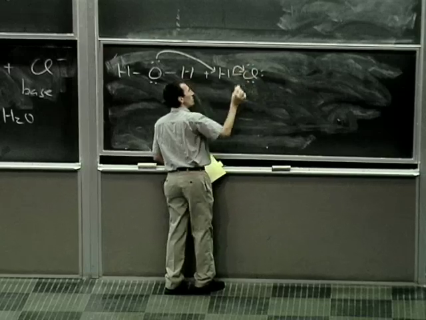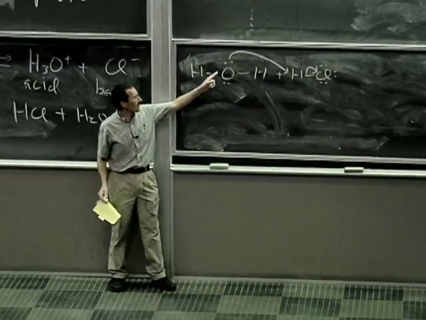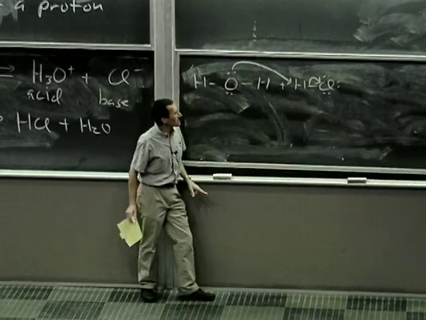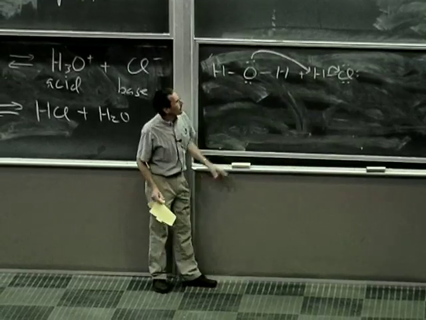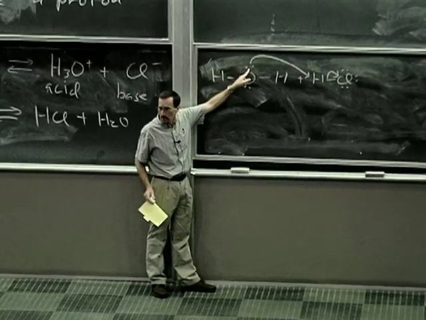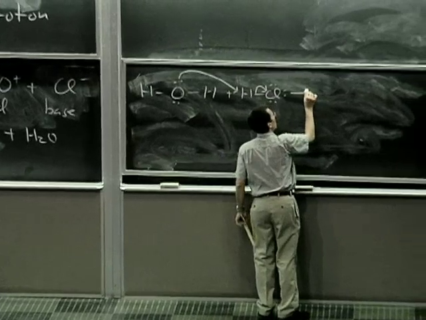You'll notice how I draw my curved arrows. I always start at a source of electrons, a lone pair or a bond, and I always end up on an atom. And when all is said and done, the sharing of this pair of electrons with the hydrogen results in a new bond.